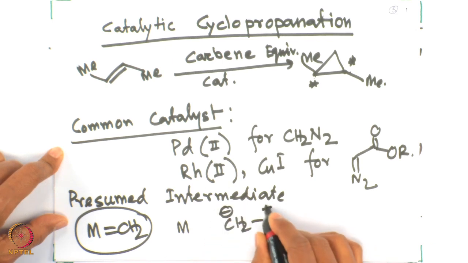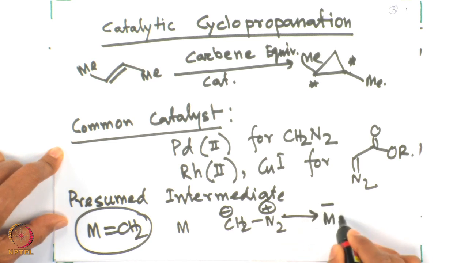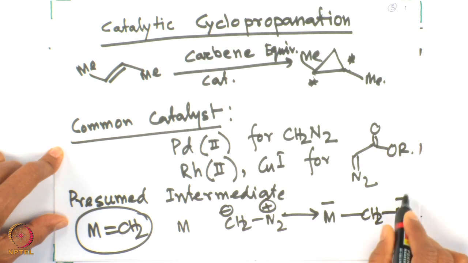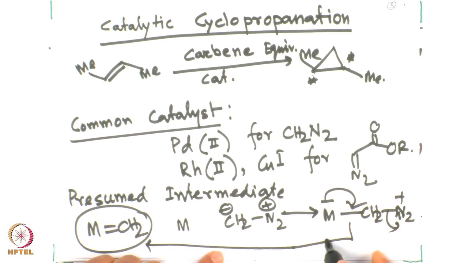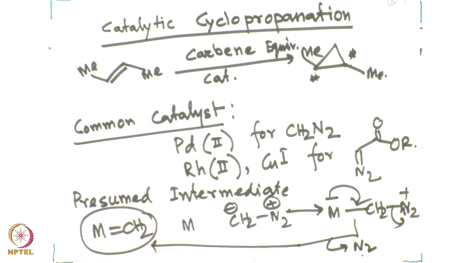So, CH2 minus and N2 plus, what you might get in the process is M minus CH2 and N2 plus reagent. Overall, you end up getting MCH2 plus, and of course, N2 comes out from these reactions. So, what we have seen right now is diazomethane reacting with metal to give the metal carbene intermediate.